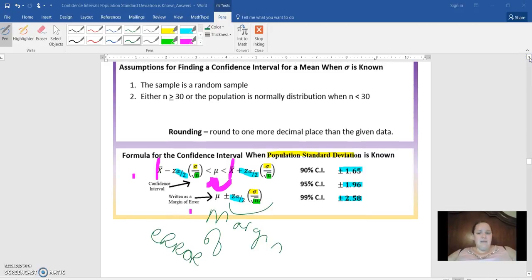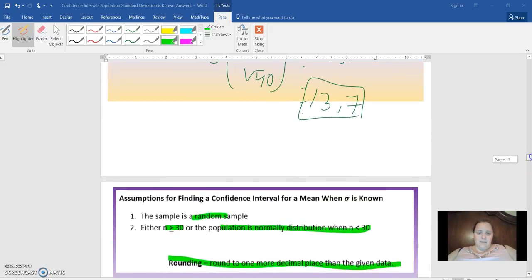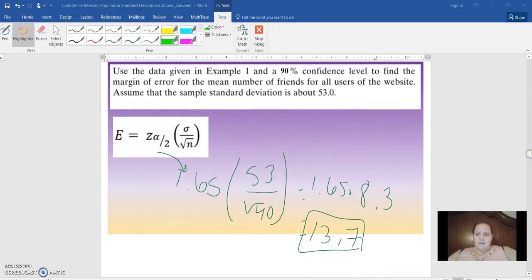So when we know the mean, the sample is random and it's greater than 30, or if it's less than 30, we're still rounding to one more place. Here, it was whole numbers, so we need to go to 10.